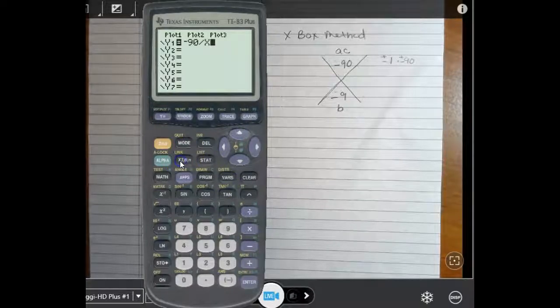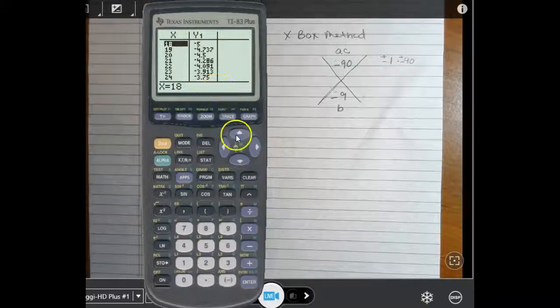This will help me find the pairs that factor into 90. We want integers, okay? We don't want fractions or rationals. Then once I put this in, I'm going to go second graph because I want that table to come up. So here's my table.